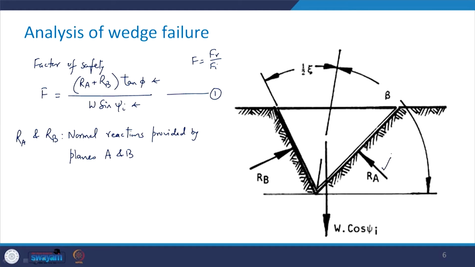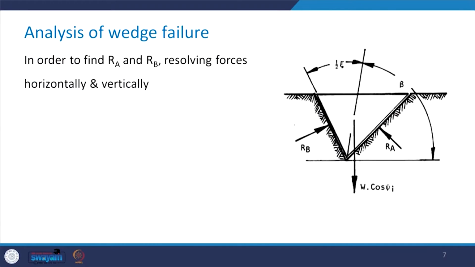You see, RA is here and RB is here, where this psi i is the dip of the line of intersection of these two planes, that is plane A and plane B.